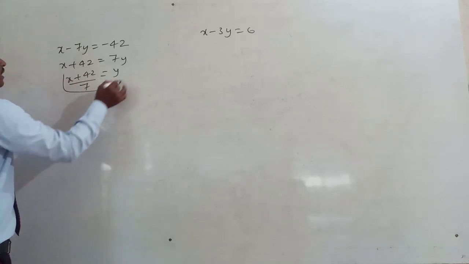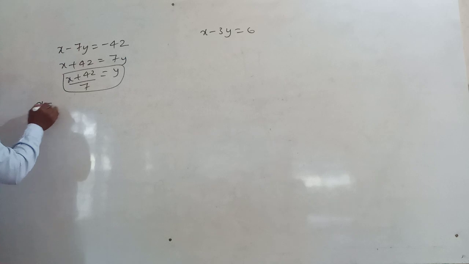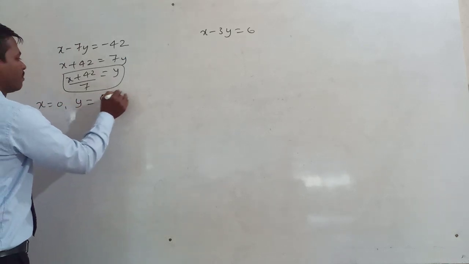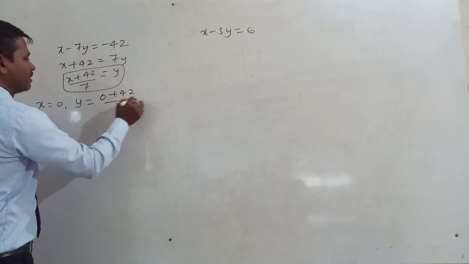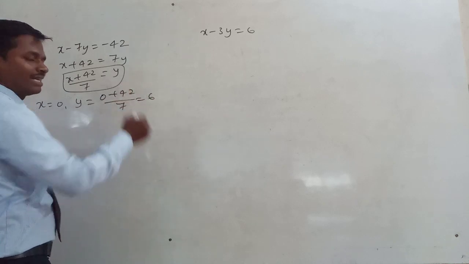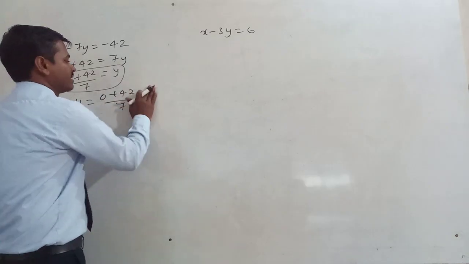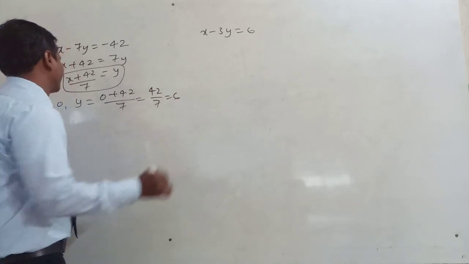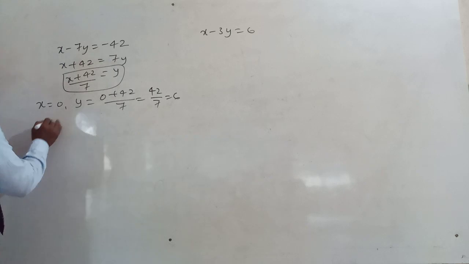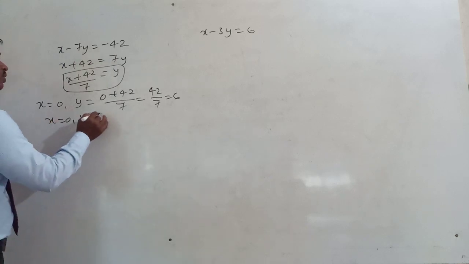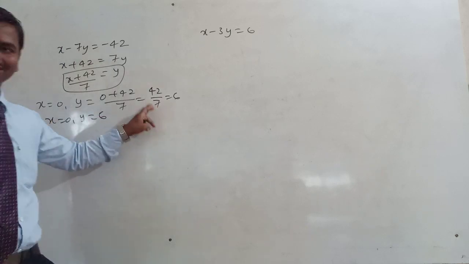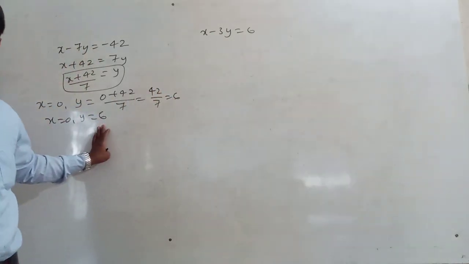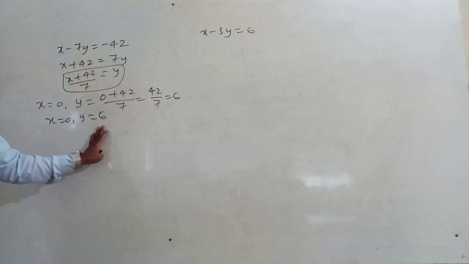When x equals 0, y equals (0 plus 42) by 7. 7 sixes are 42, so y equals 6. We get x equals 0, y equals 6. That is the first case.